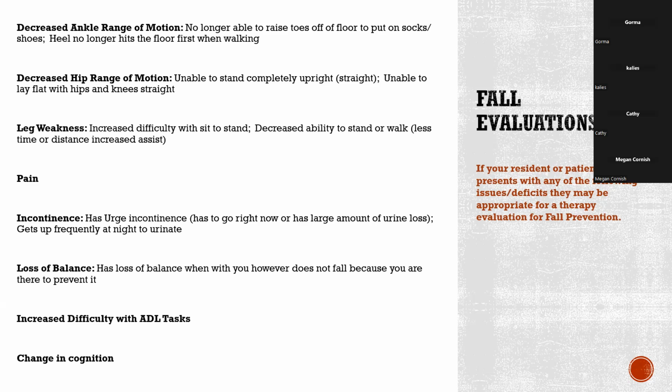Decreased ankle motion. These are individuals who maybe can't get their socks and shoes on really well and need a lot more assistance with that. Decreased hip range of motion: somebody who's not able to stand upright, or maybe they can't lay flat in their bed.